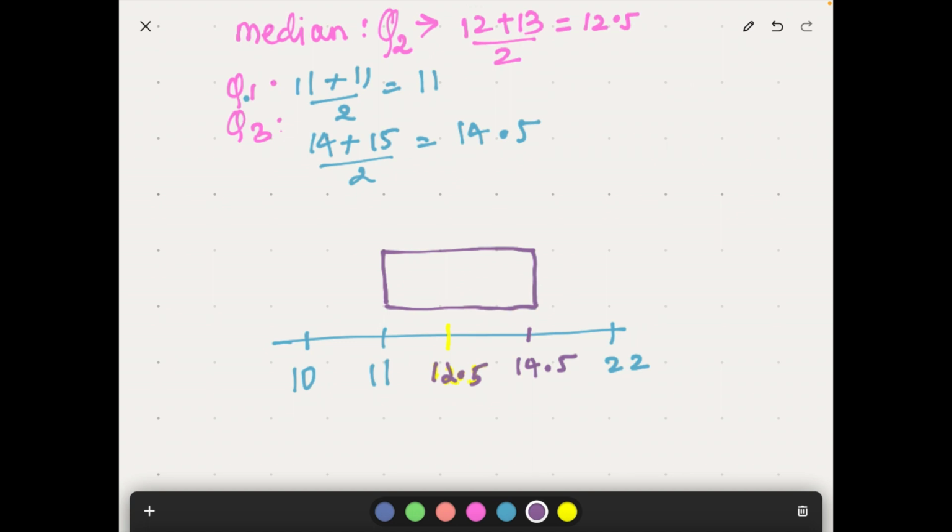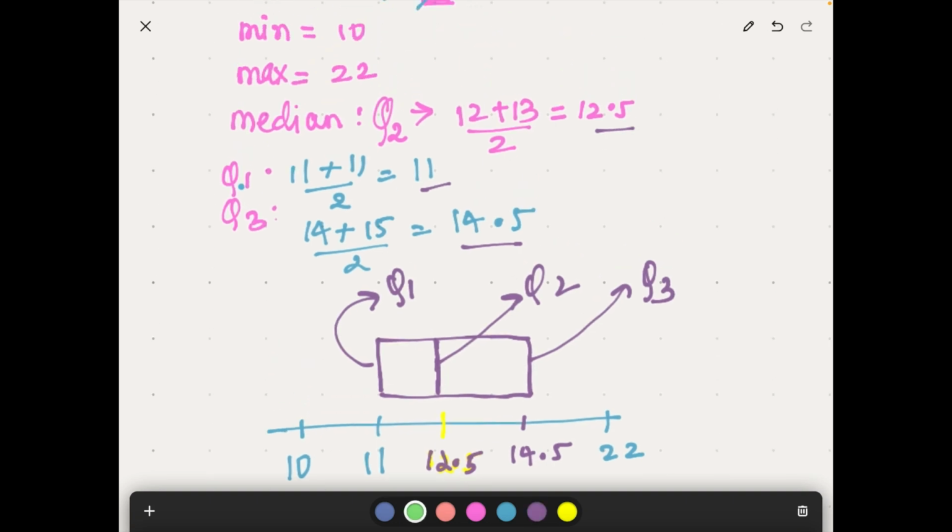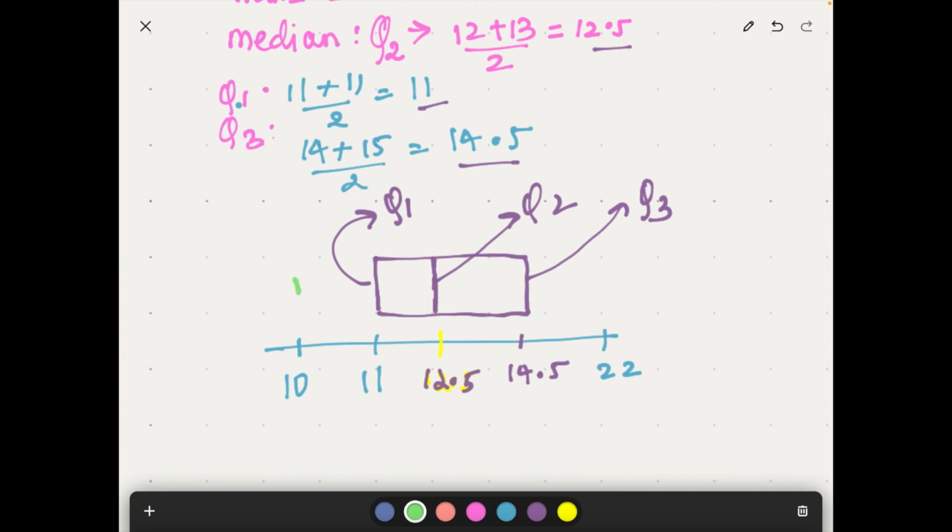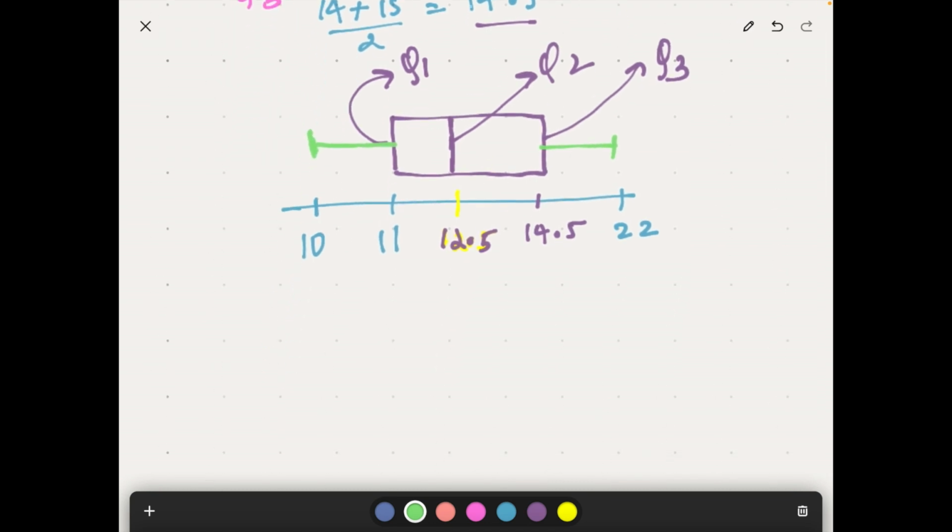For your box plot, the box is going to be made on these three data points only. For your Q2, which is 12.5, you can make either a broken line or a straight line, it does not really matter. So this is your Q2, this is Q1, and this is your Q3, right? All of these three are constituents for making your box, and your minimum and maximum, which in this case are 10 and 22, are going to be making the head and the tail of your box plot. Once we are done, this completes your box plot.